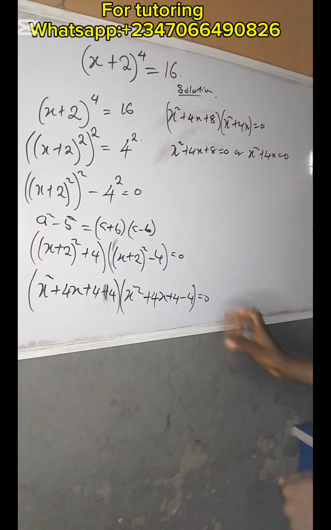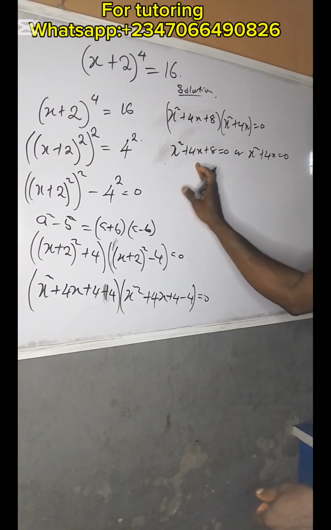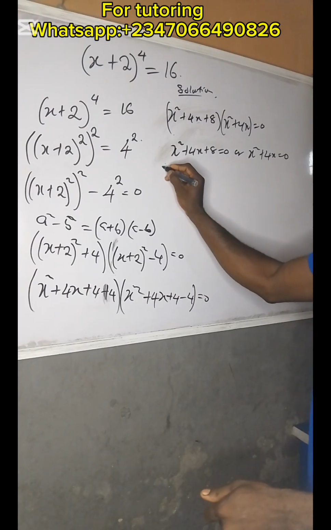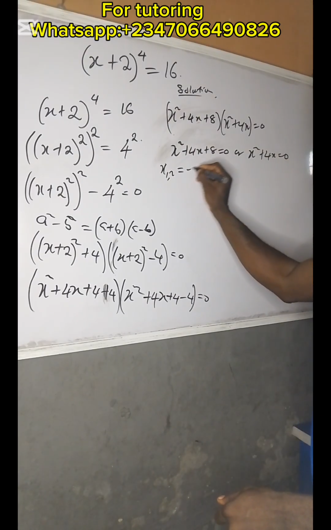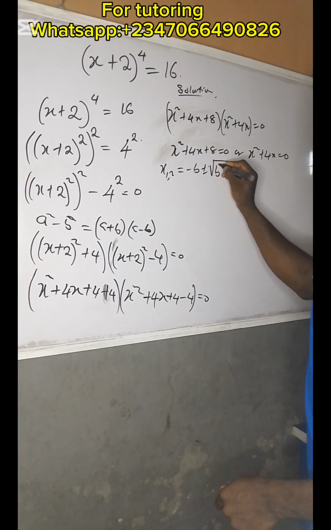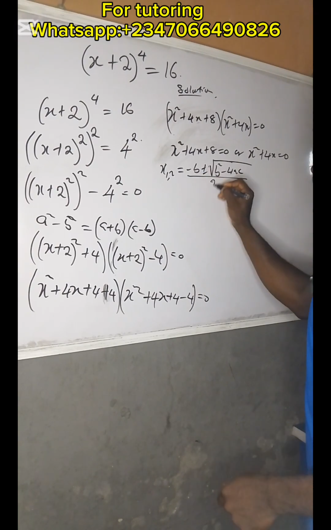Now, these are quadratics. Let's solve the first one with the formula: x1, x2 equals minus b plus or minus the root of b squared minus 4ac, all over 2a.